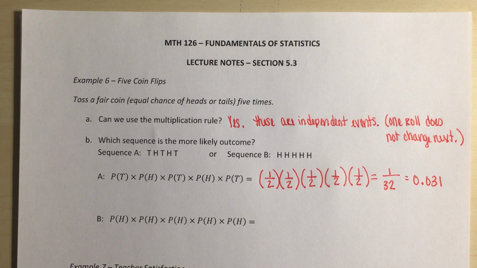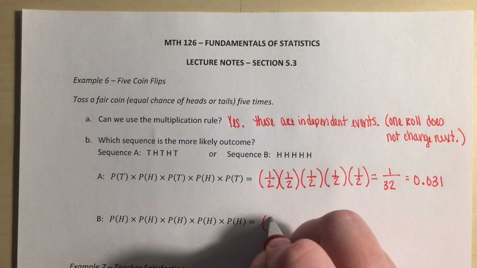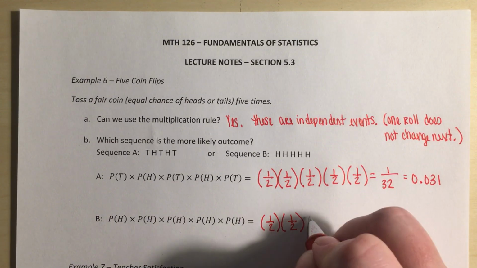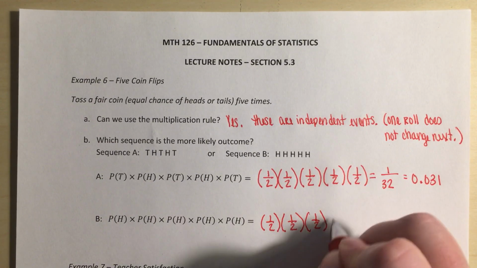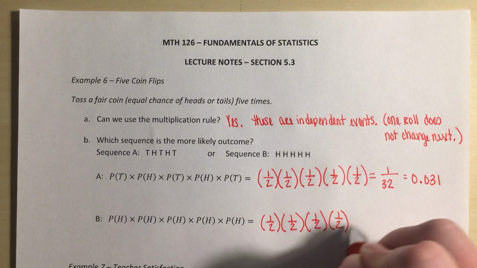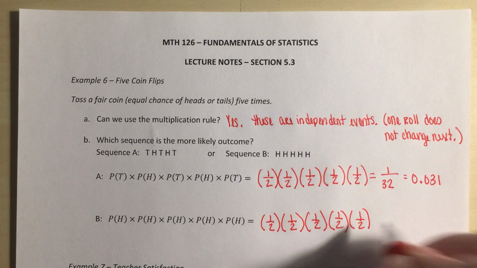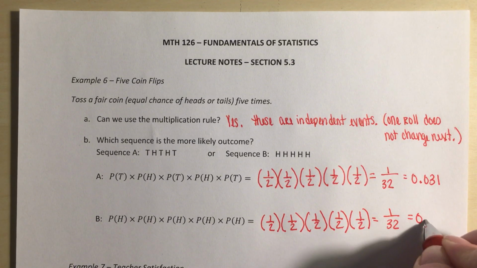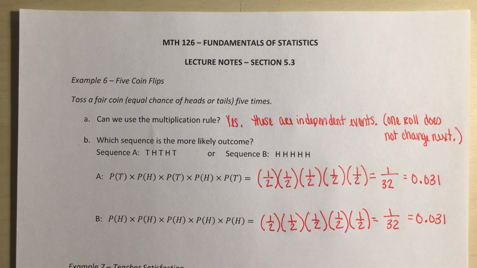Now let's look at our probability of tossing all heads. Heads is 1 out of 2, five times in a row. We actually end up with the exact same answer that we got for A. Both of them have a relatively small chance.